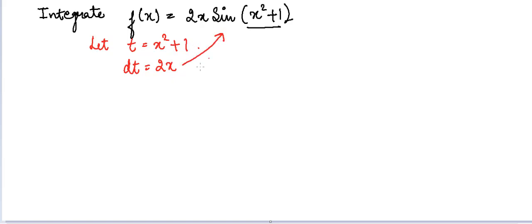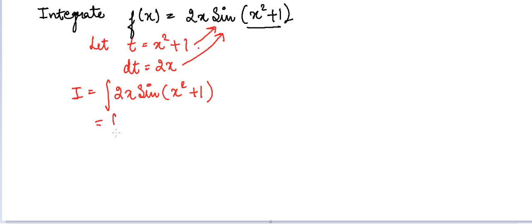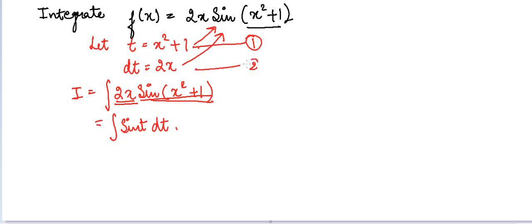Now you substitute both these values here. So you will get the integration of 2x sin(x square plus 1) dx, which changes into sin t dt.